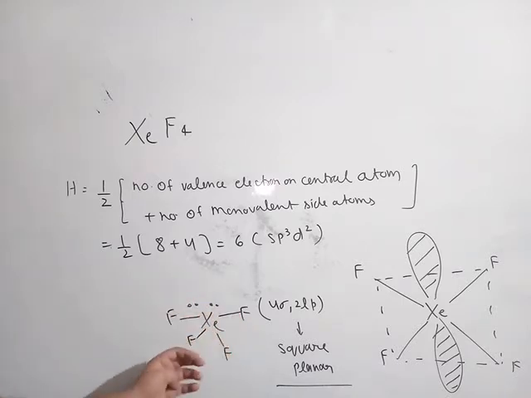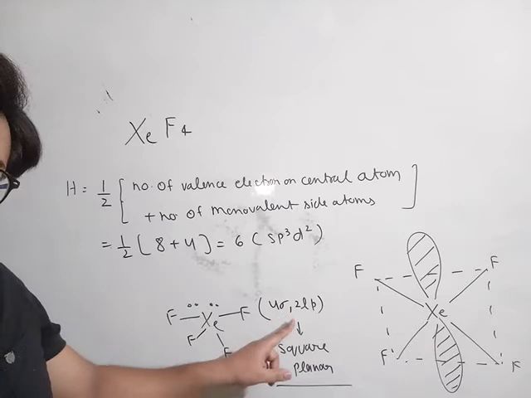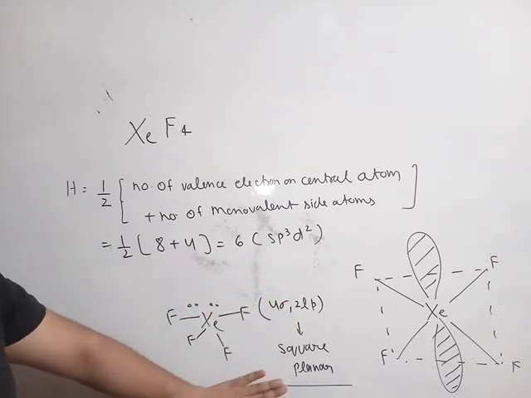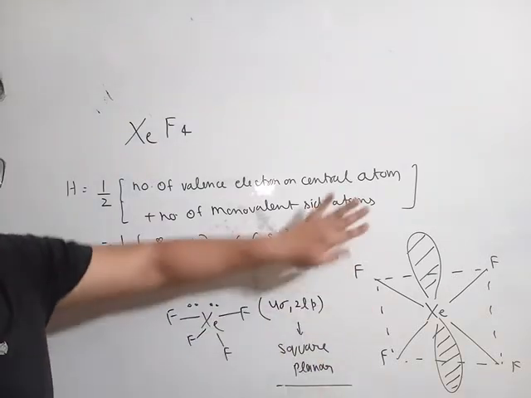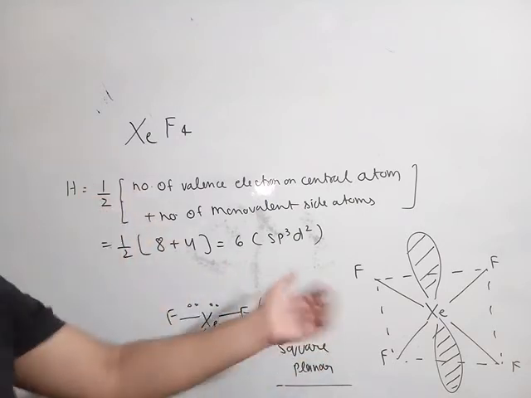So 4 electrons taken by the fluorine, so 4 will remain. So 2 lone pairs will remain. So what is the case over here? 4 sigma 2 lone pair. So in case of sp3d2, 4 sigma 2 lone pair, the shape is square planar. So in this way we can draw the shape over there. In exam you have to just draw the structure, but if you don't know, you can go by this method also.